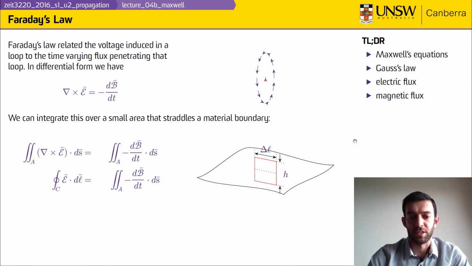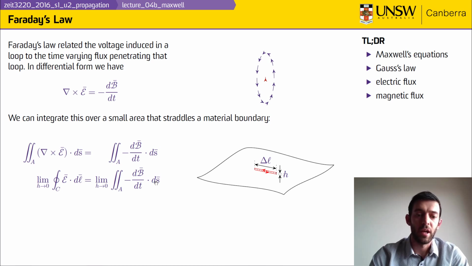And of course this loop is delta L by h, but in reality we want that integral to be as small as possible, so we'll let that shrink. There. We take the limit as h goes to 0, and then we'll look at the dB dt present within that, and E dot dl.